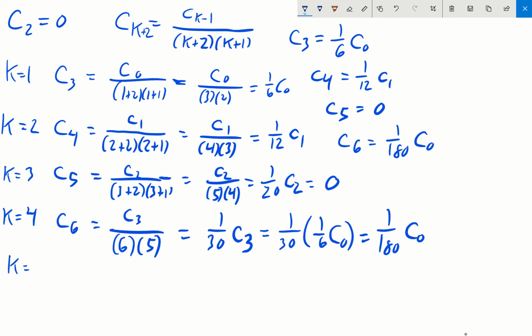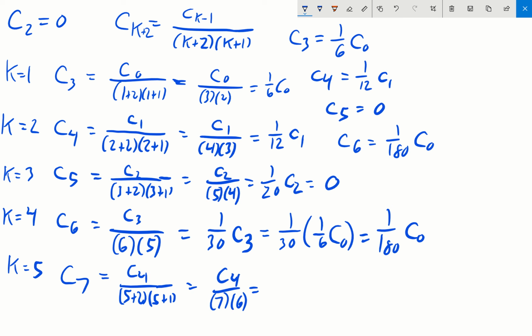Do a few more. If k equals 5, then we get c7. This is going to be c4 divided by 5 plus 2 times 5 plus 1, which is c4 divided by 7 times 6, which is 1 over 42 c4.